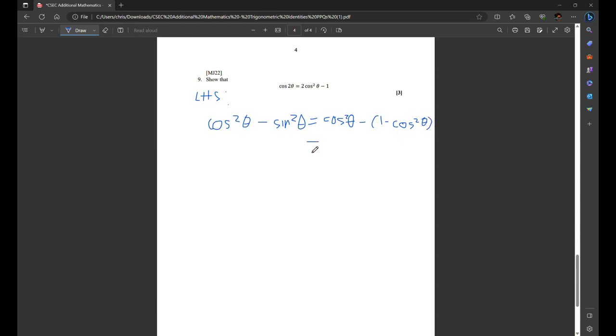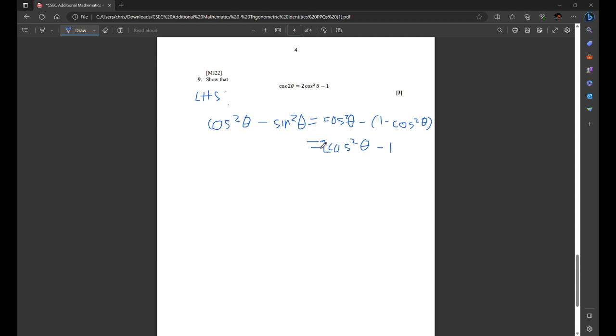Okay, so now we're going to do some multiplication here. That's going to give us cos squared theta minus 1 minus cos squared theta, which is plus cos squared theta. So I'm just going to write that as cos squared theta plus cos squared theta, which is 2 cos squared theta, minus 1.